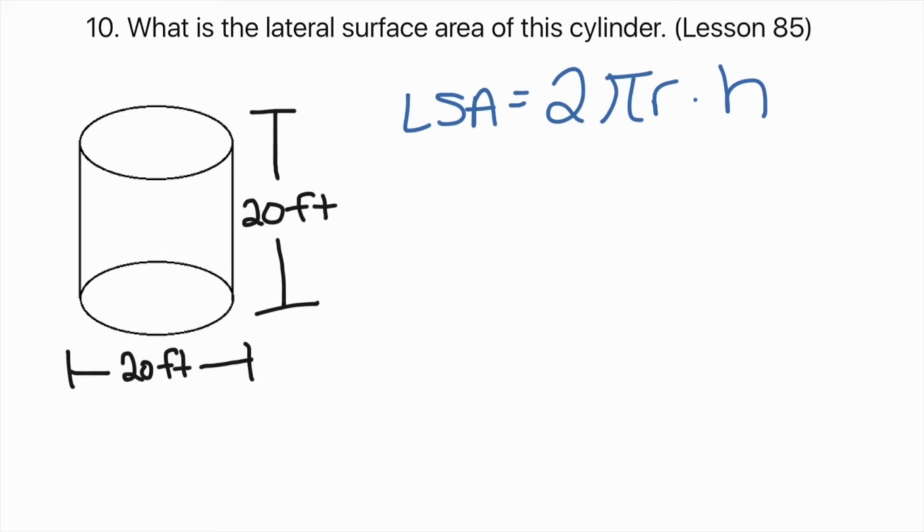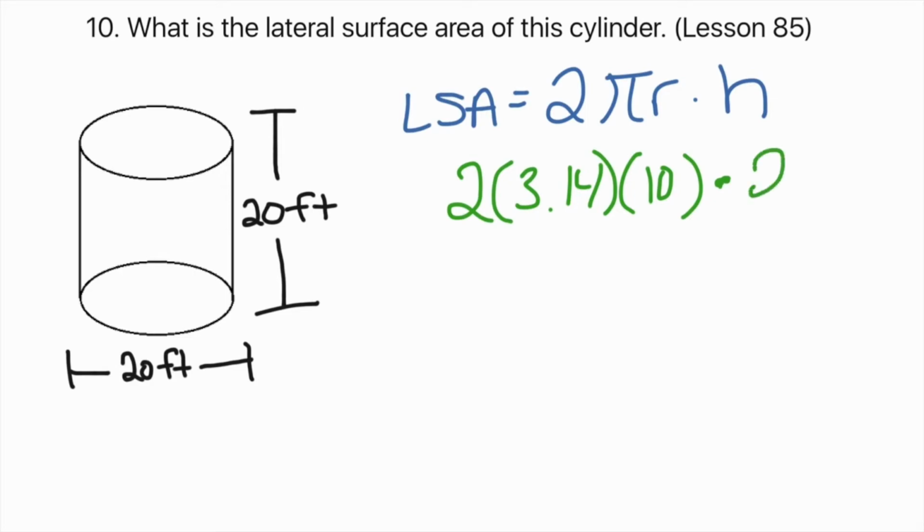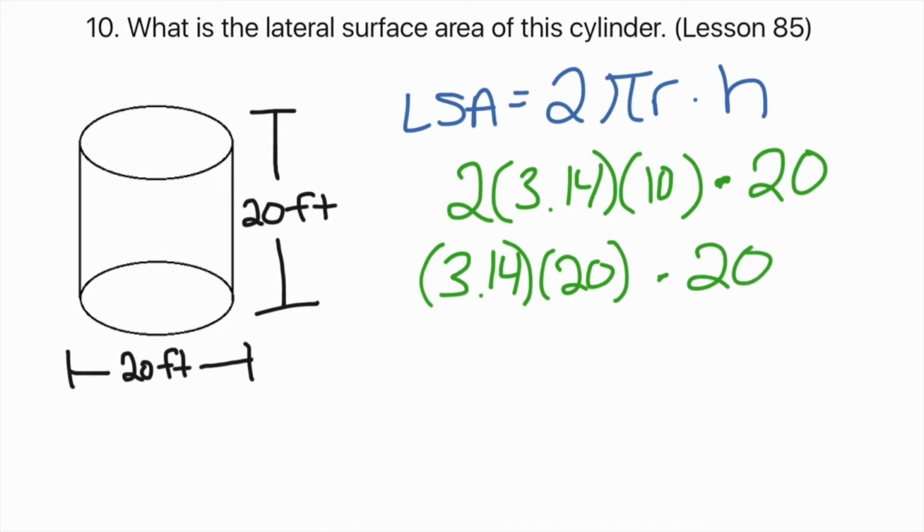So we'll start with our 2 times 3.14 for pi. Our radius is 10, because that's half of 20, when 20 is our diameter. And then we multiply that by our height of 20. I'm going to multiply the 2 times the 10 first. So I have 3.14 times 20 times 20, that's the height.